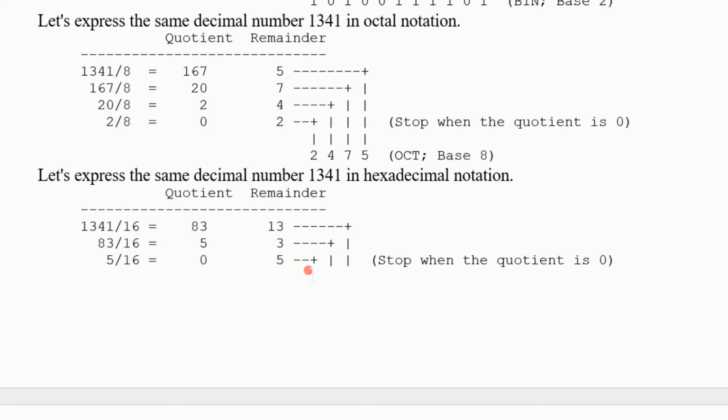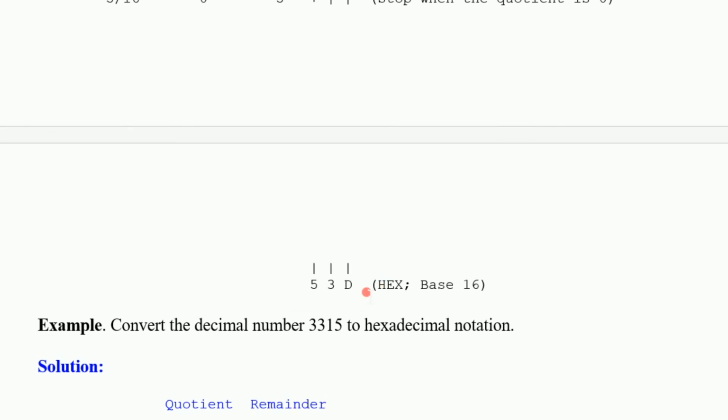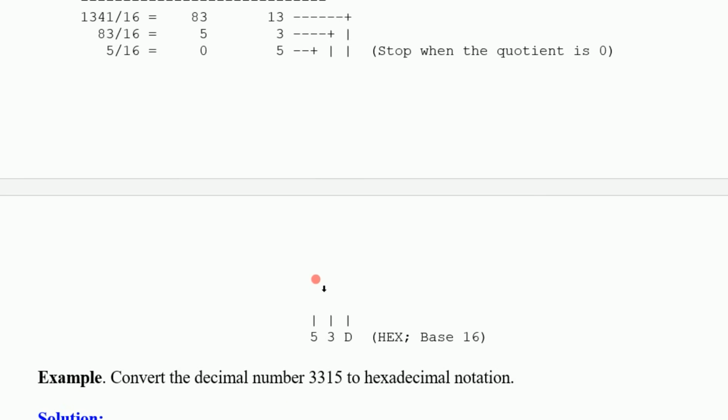Then we take the remainder and stop. So when the quotient is 0, we stop. Now in hexadecimal the remainders are 13, 5, 3, but the 13 we write as D.